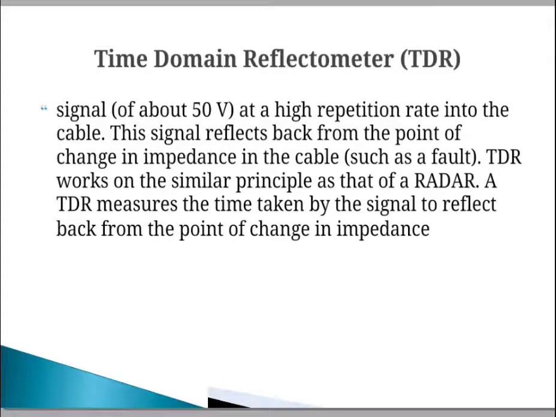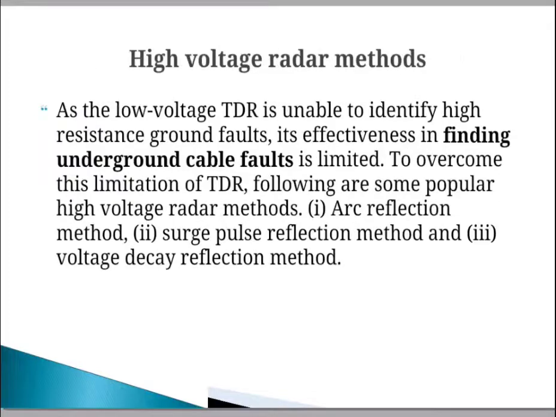To discuss the next method, that is the high voltage radar method. The low voltage TDR is unable to identify a high resistance ground fault. Its effectiveness in finding the underground cable fault is limited.